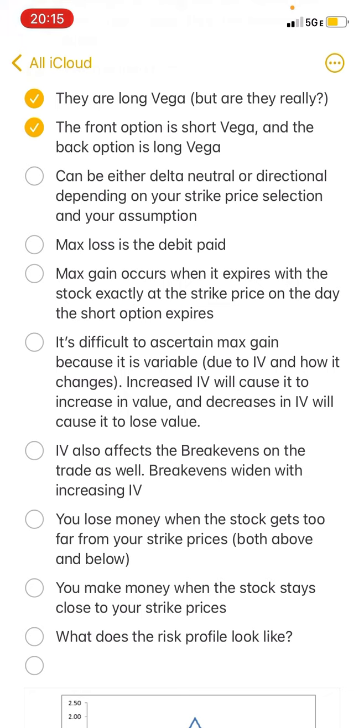Because IV is very dynamic. It changes all the time, and sometimes IV will change differently on different strike prices and different expiration periods. It's pretty complicated.